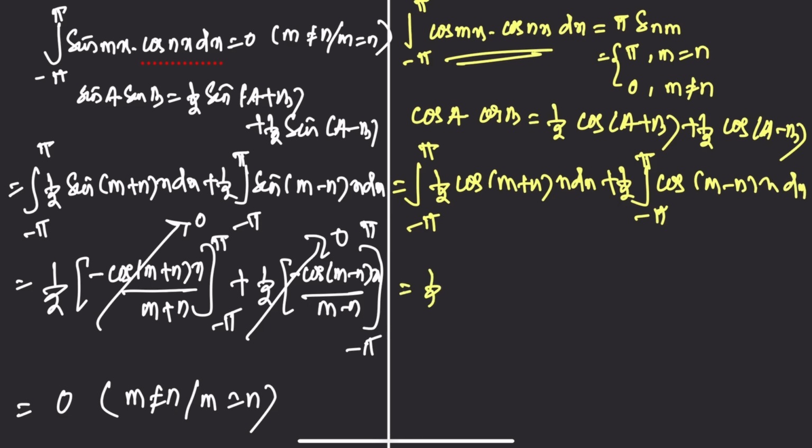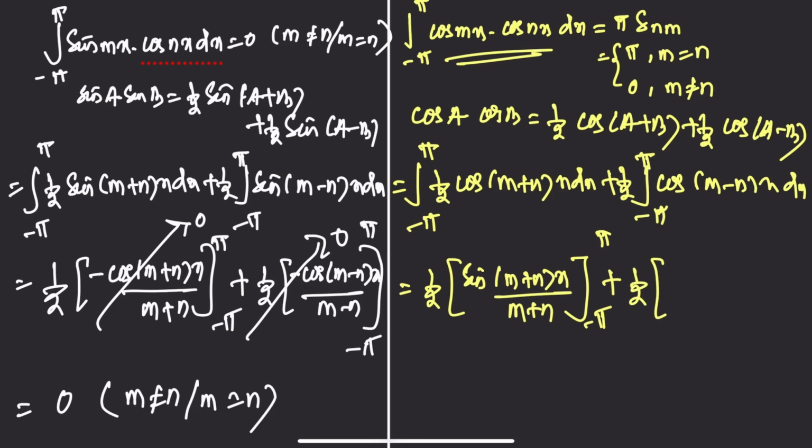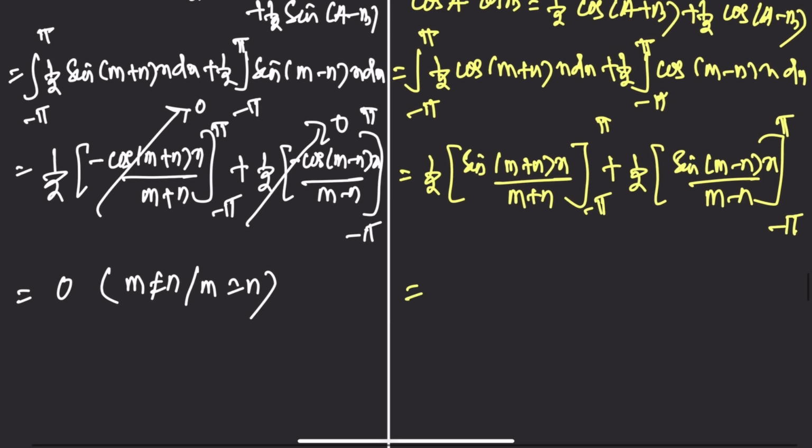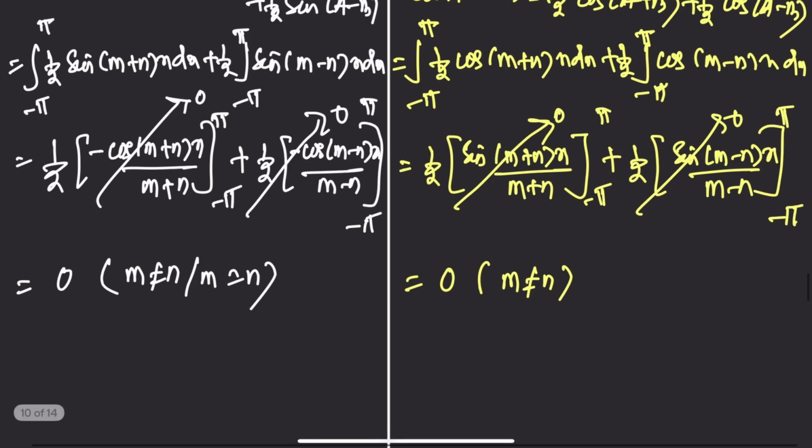Okay, and the first term becomes sin (m plus n)x by (m plus n), from minus pi to pi, and the second term becomes half sin (m minus n)x by (m minus n), from minus pi to pi. Here you can see both the first term and the second term become 0 after putting the upper limit and lower limit, so the result becomes 0. This is for the condition m not equal to n.